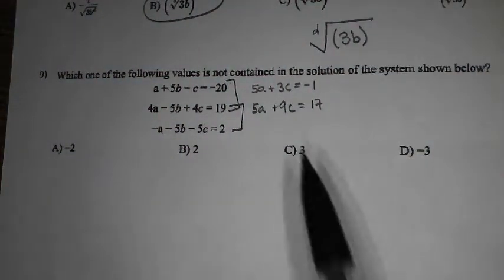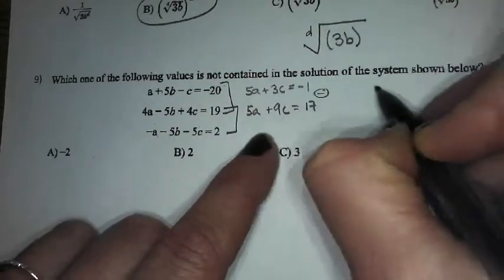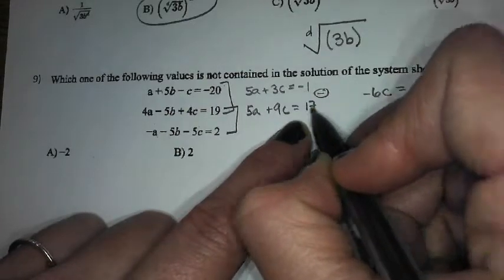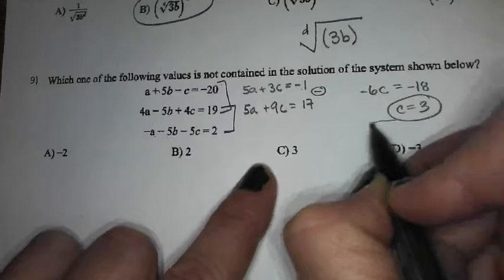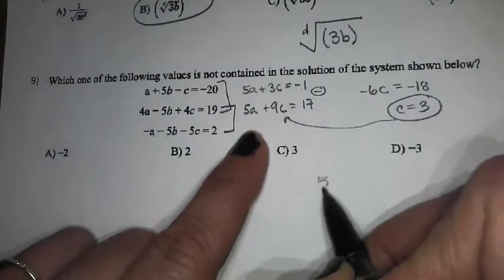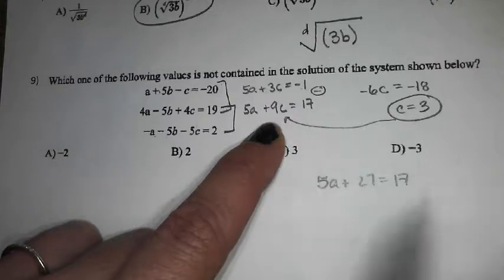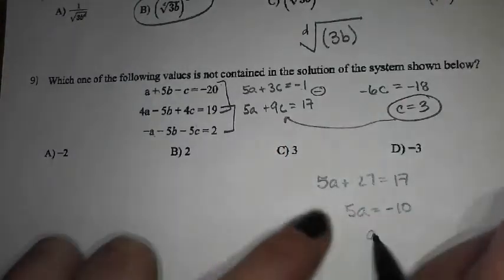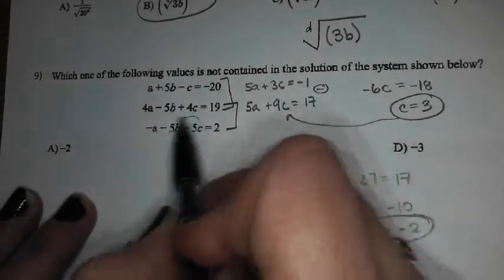Now, the third elimination, what should we eliminate, A's or C's? A's. So 3C minus 9C, -6C, -1 minus 17, -18, C equals 3. Go backwards. 5A plus 27 equals 17. So 5A equals -10 and A equals -2. Go backwards to the beginning.